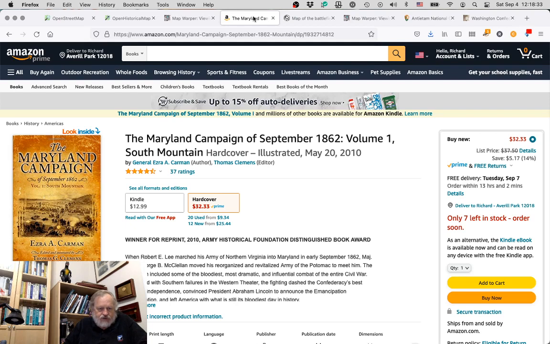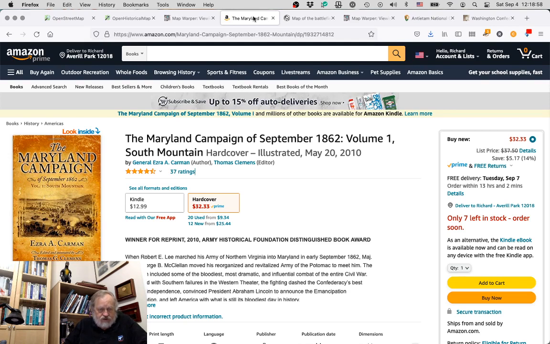Because one of the things that survived in the Carman papers was his correspondence, because much of what is in the Carman manuscript was the result of correspondence with veterans of both sides of the battle. And there are many things that are only known because they are in letters in the Carman archives and made their way into the Carman manuscript after the fact.